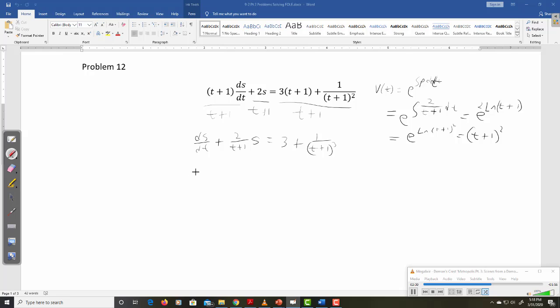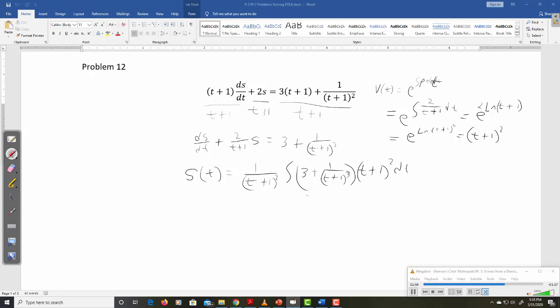So then, our s of t is 1 over that, so 1 over t plus 1 squared, times the integral of q of t, so all of this, 3 plus 1 over t plus 1 cubed, times t plus 1 squared dt.